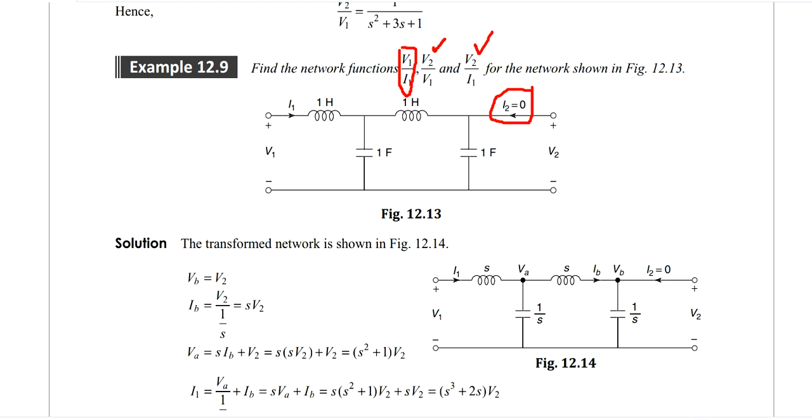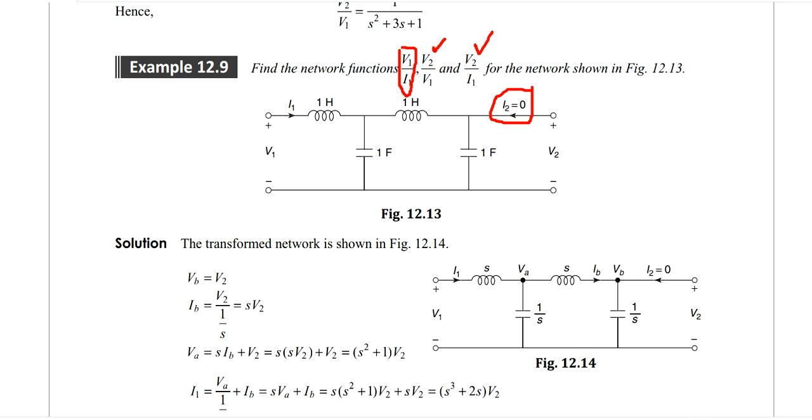How to get them? We generally need to apply basic KCL or KVL. So we are going to apply KVL here, and before applying KVL we already know that all these functions are transform functions, which means they should be in the Laplace domain, like V1 of S by I1 of S. For that purpose we need to convert the capacitors and inductors into their Laplace domain.